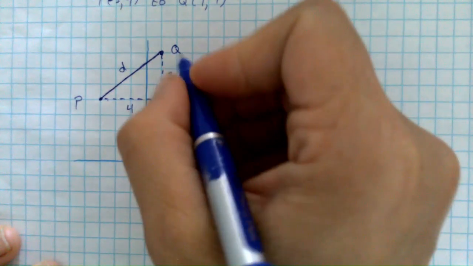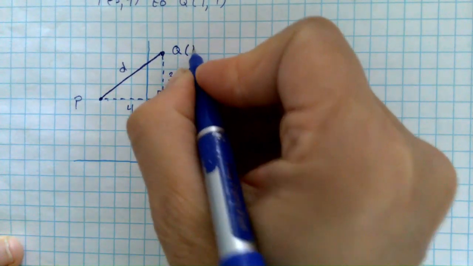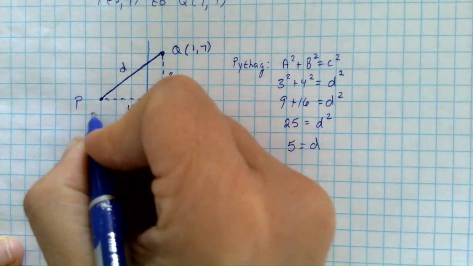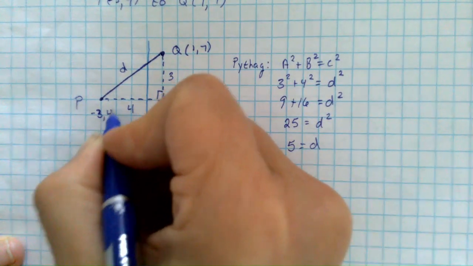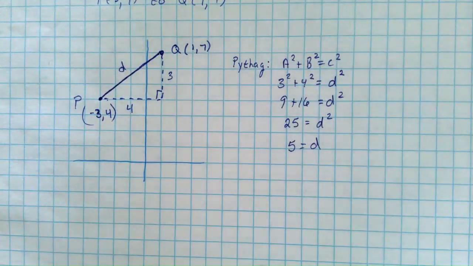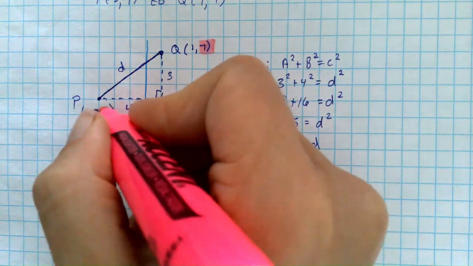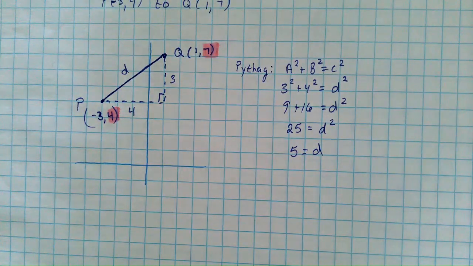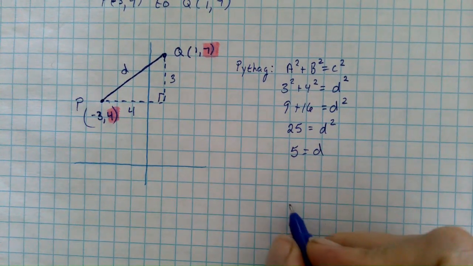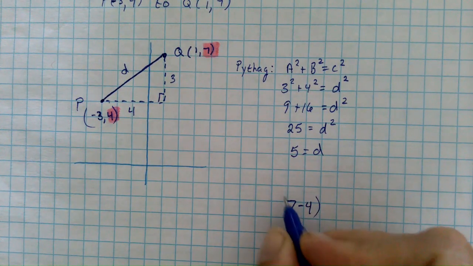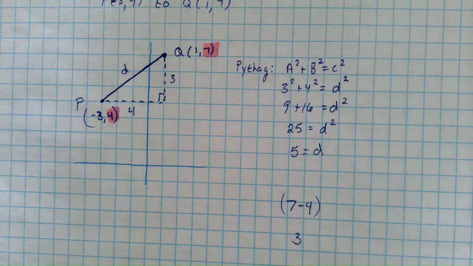And keep in mind, this was at (1, 7). This was at (-3, 4). If you look at the 7 and the 4, those were our two y values. And if you'll notice, 7 minus 4 was 3, right?